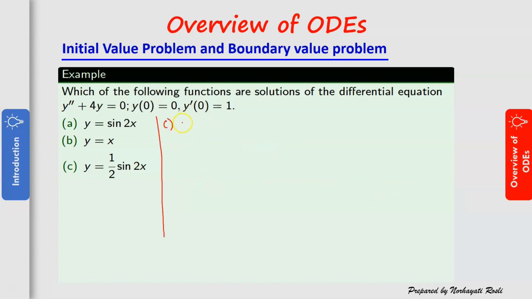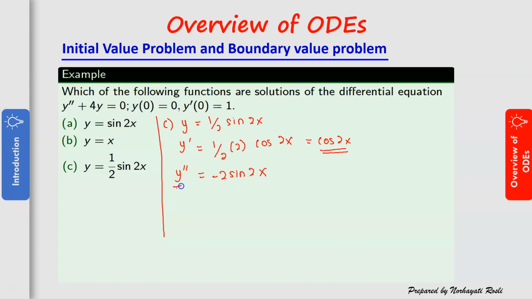Class, we go to C. C, we have y equal to 1 over 2 sine 2x. In this case, when I differentiate this one, I will get 1 over 2 times 2 cos 2x, so equal to cos 2x. And then I differentiate it twice. We need to differentiate this cos 2x, so I will have negative 2 sine 2x.